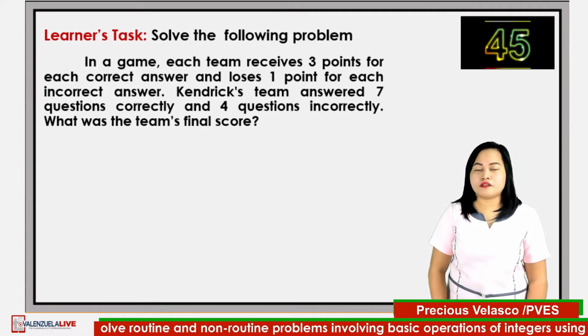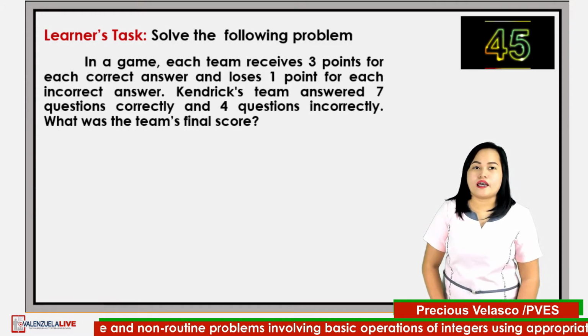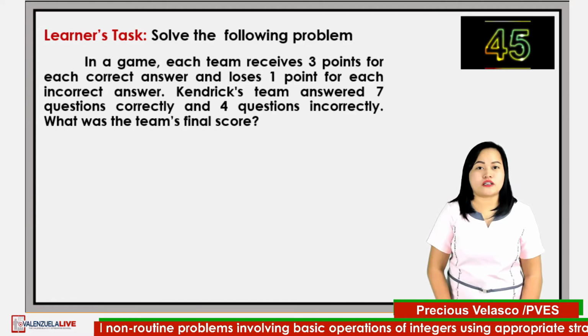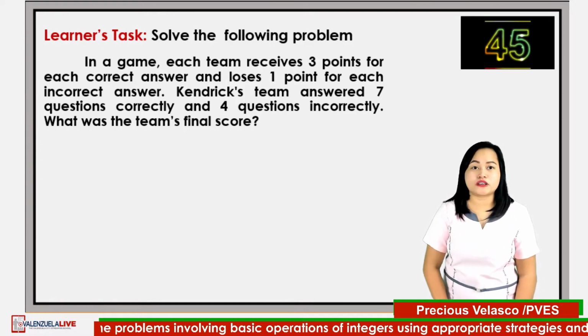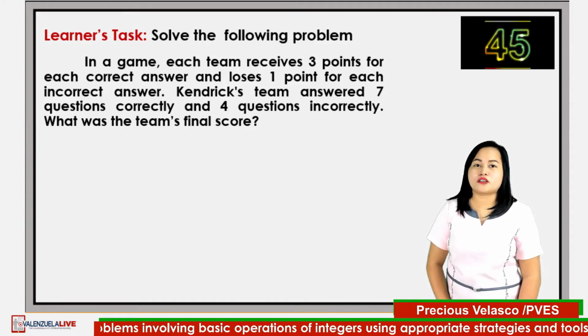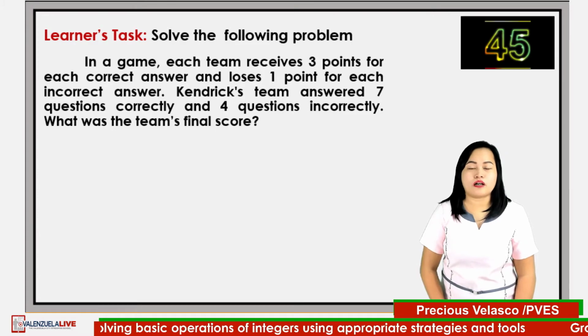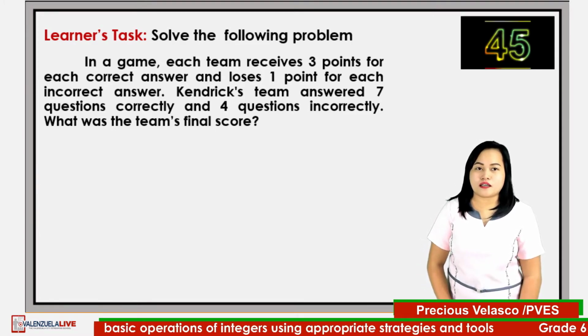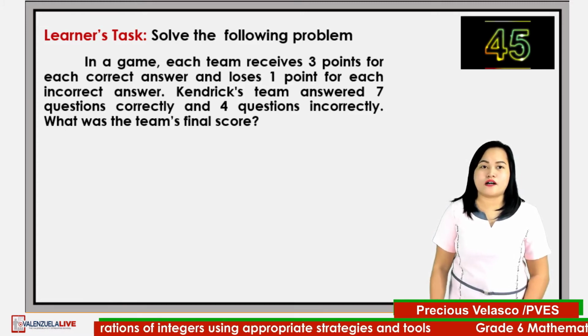In a game, each team receives 3 points for each correct answer and loses 1 point for each incorrect answer. Kendrick's team answered 7 questions correctly and 4 questions incorrectly. What was the team's final score? So you have 45 seconds to answer this problem, and your timer starts now.